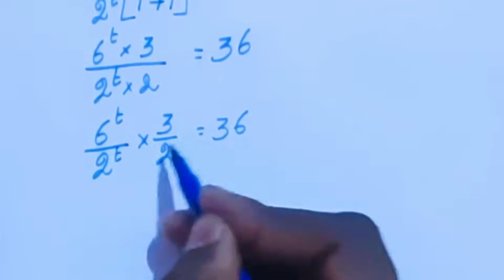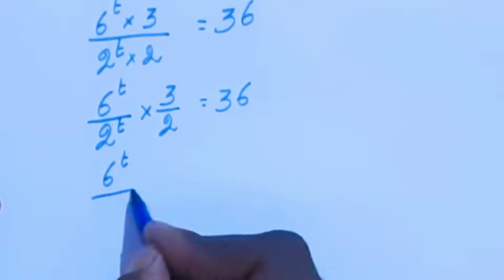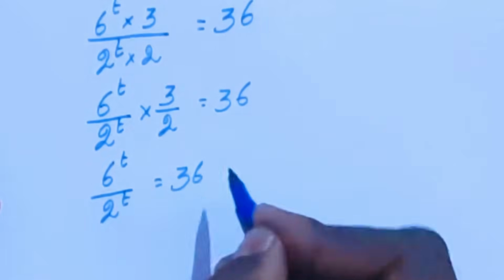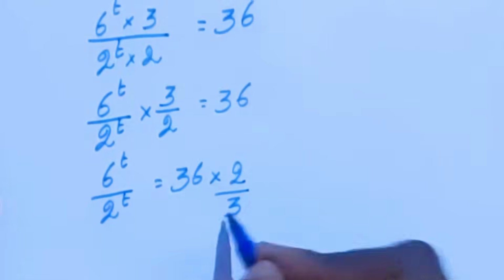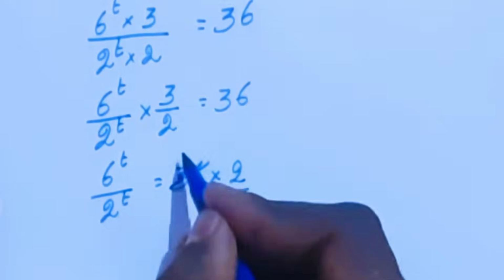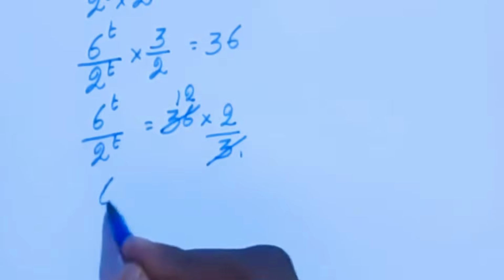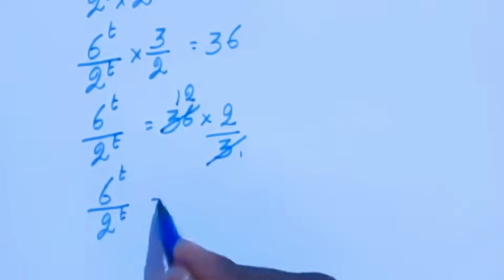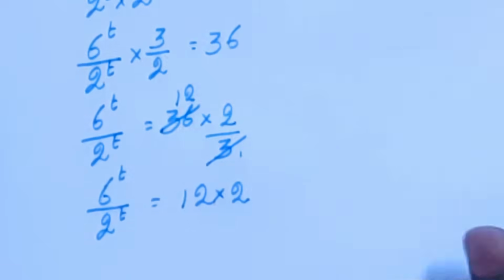Now we are moving this to the right hand side, so 6 power t by 2 power t equal to 36 times 2 by 3. So simplify this, we'll have here 12 1. So 6 power t by 2 power t equal to 12 times of 2.